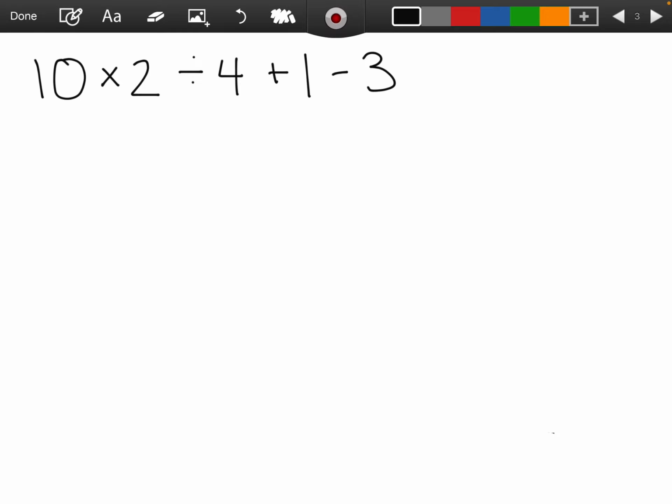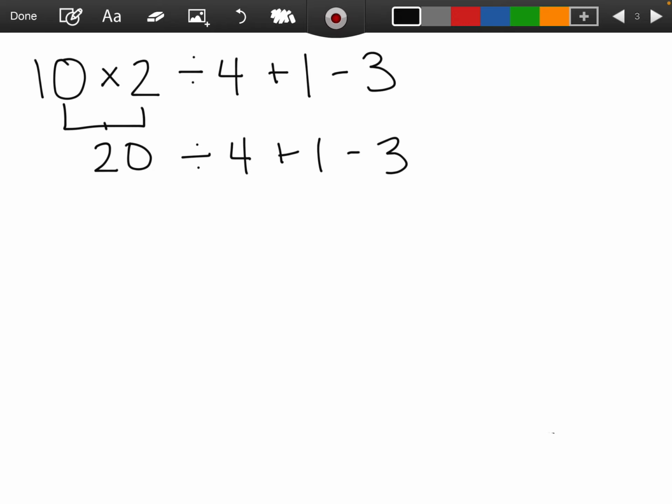What are the two numbers being multiplied? 10 times 2 gives us 20. And just to make it easier, I bring down the rest of the numbers so that we know what our new problem is. Now we have 20 divided by 4 plus 1 minus 3.